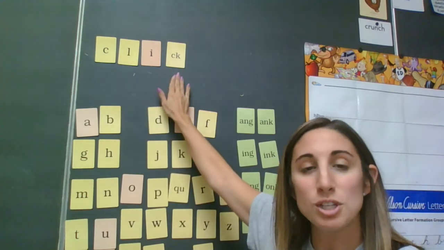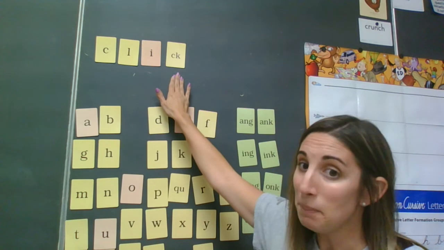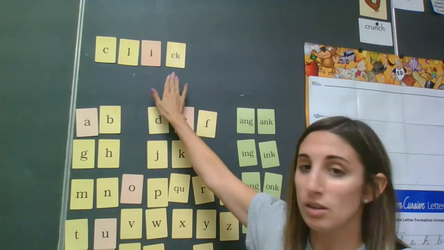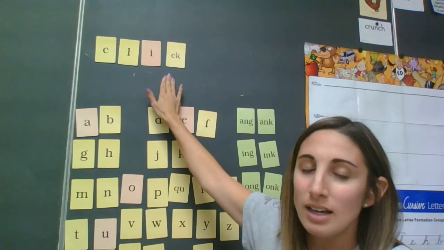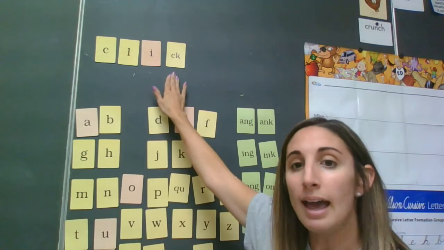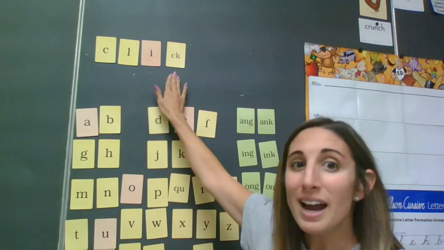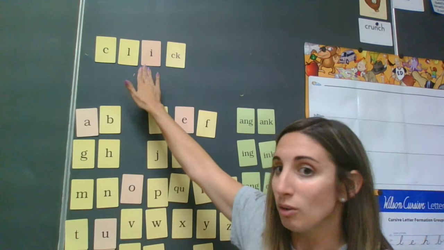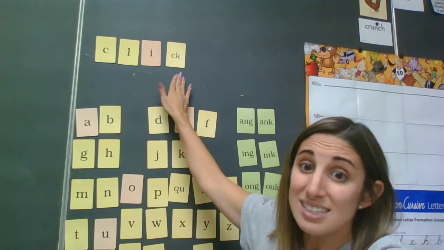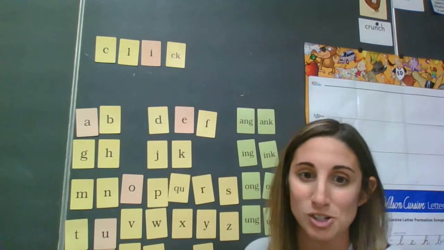How did I know to use CK and not K? Because remember, yesterday we reviewed that very few words in the English language end with a C. So, how do we know to pick CK instead of K? Right. CK has to follow a short vowel right after, just like TCH has to go right after a short vowel in our English language.